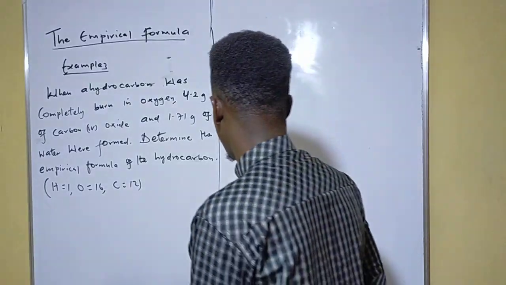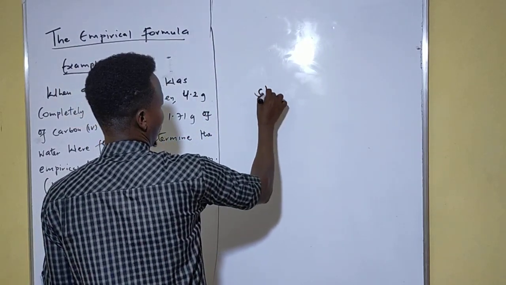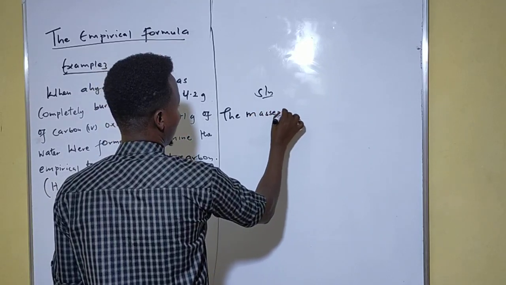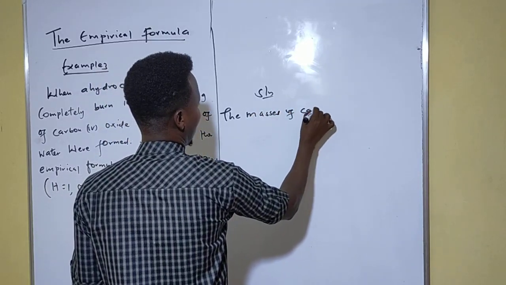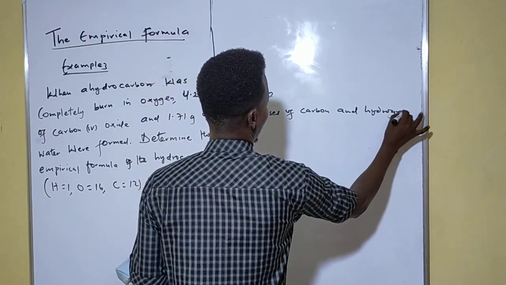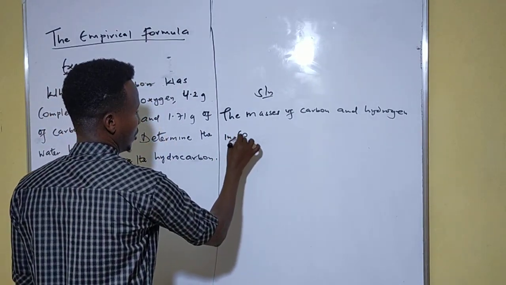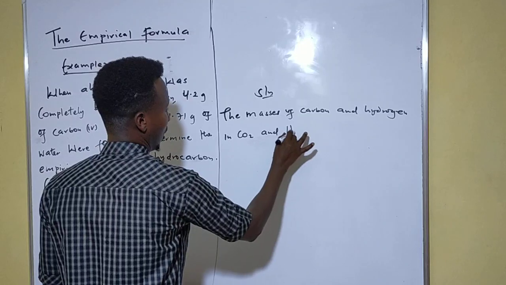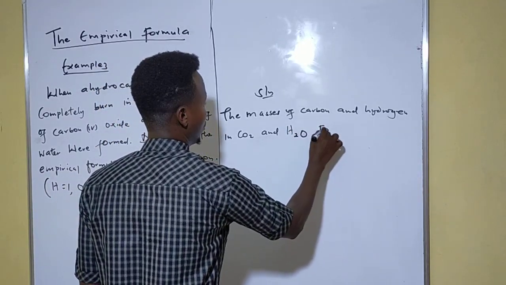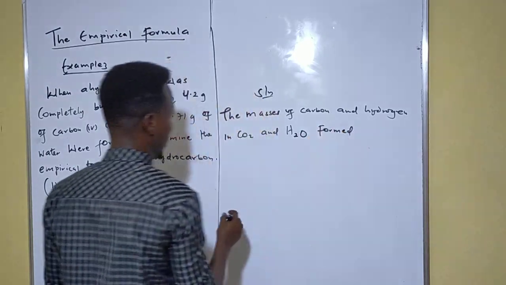So the masses of carbon and hydrogen, we are going to say like this. Remember, solution to this problem: the masses of carbon and hydrogen in the carbon dioxide and water formed is what you're going to get.